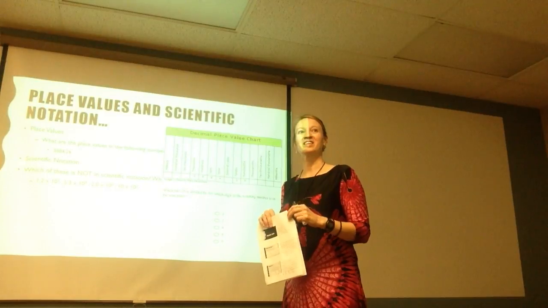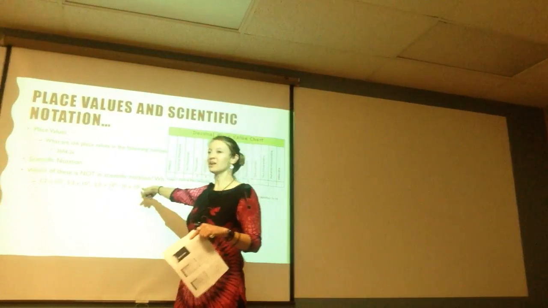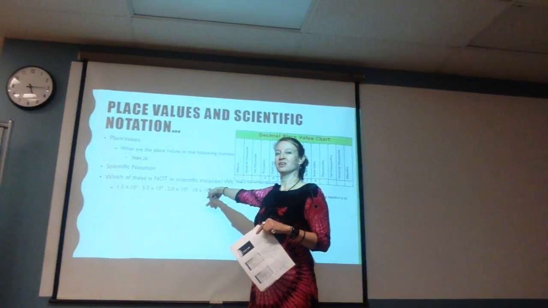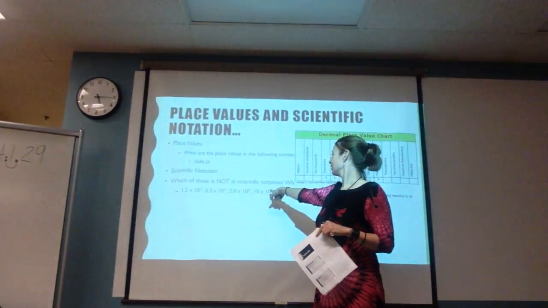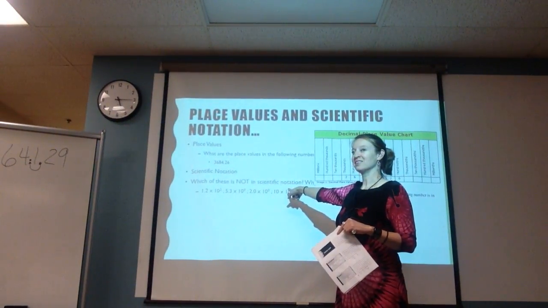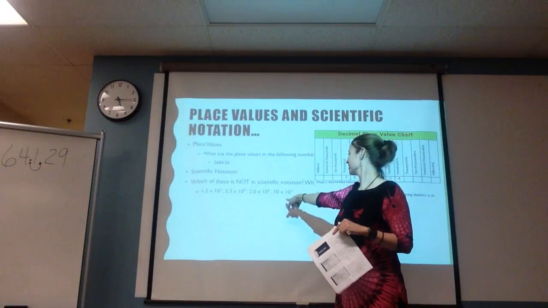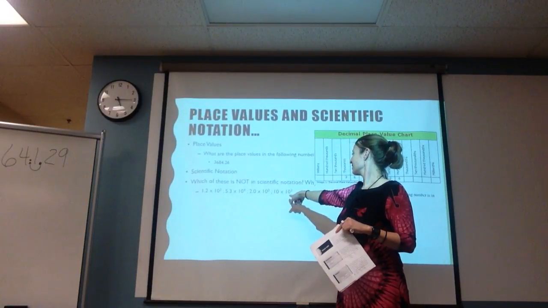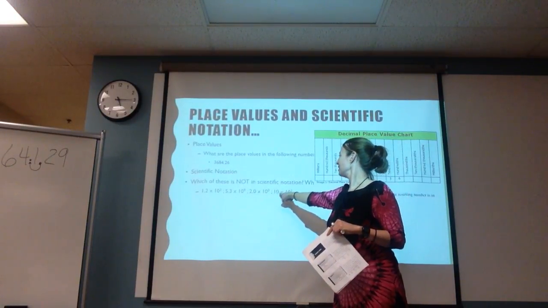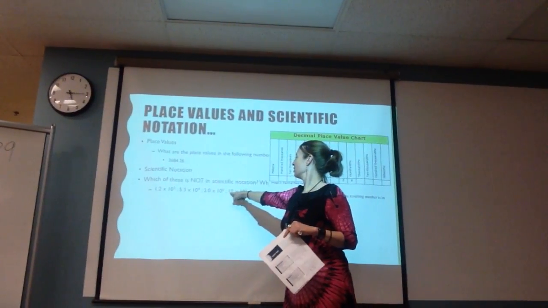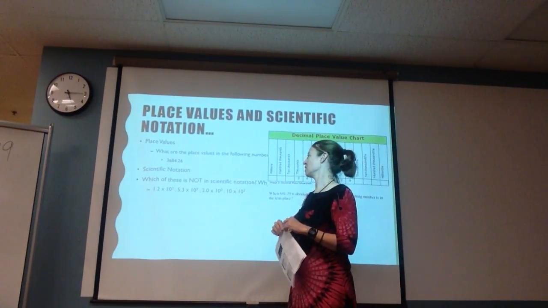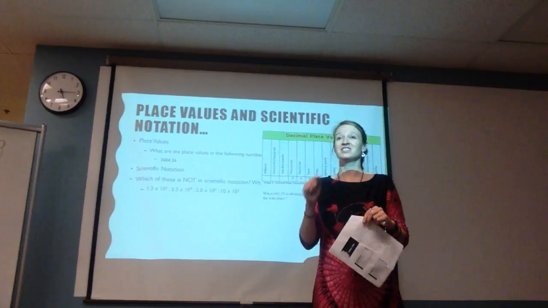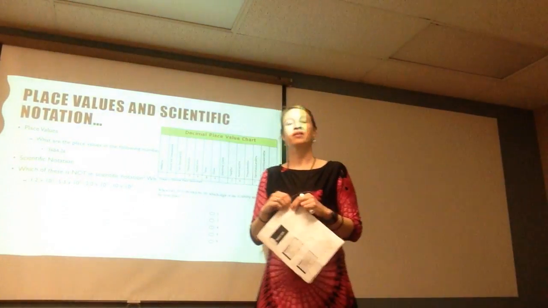Which one? The last one. Why is that not in scientific notation? A point is missing. We need a decimal point to go there, which is going to make it 1 times 10 to the third. Not 10 times 10 to the third, 1.